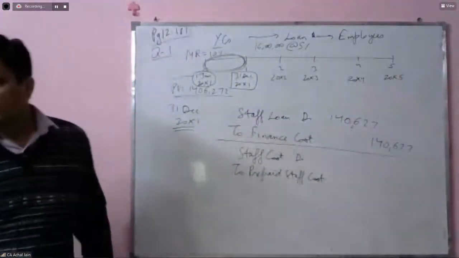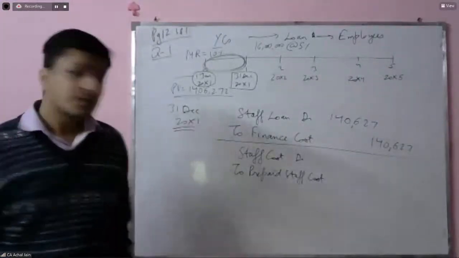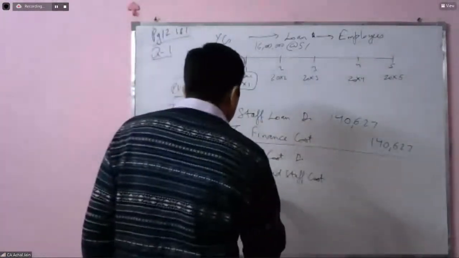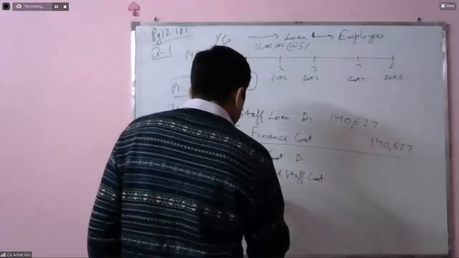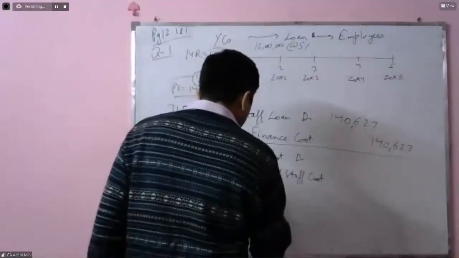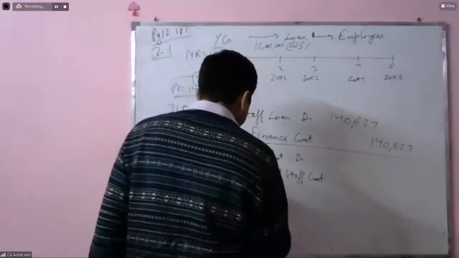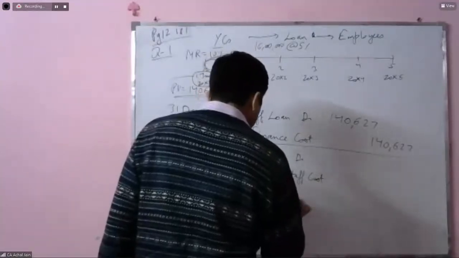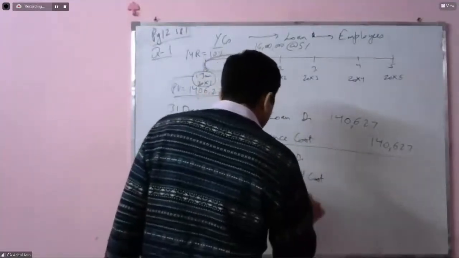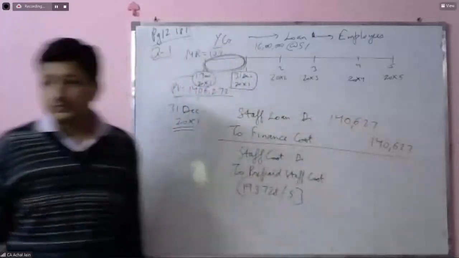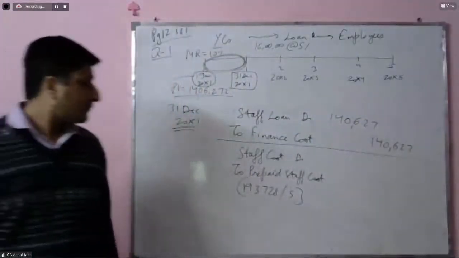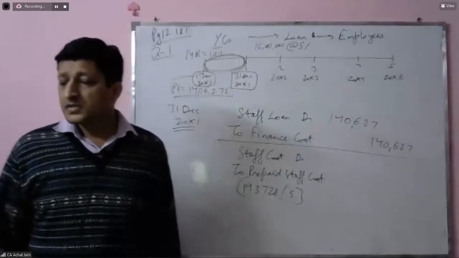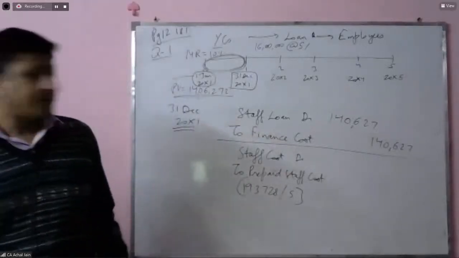And how do we compute it? We had this 1,93,000 as the staff cost divided by 5, over a period of 5 years. So this comes out to 38,746.